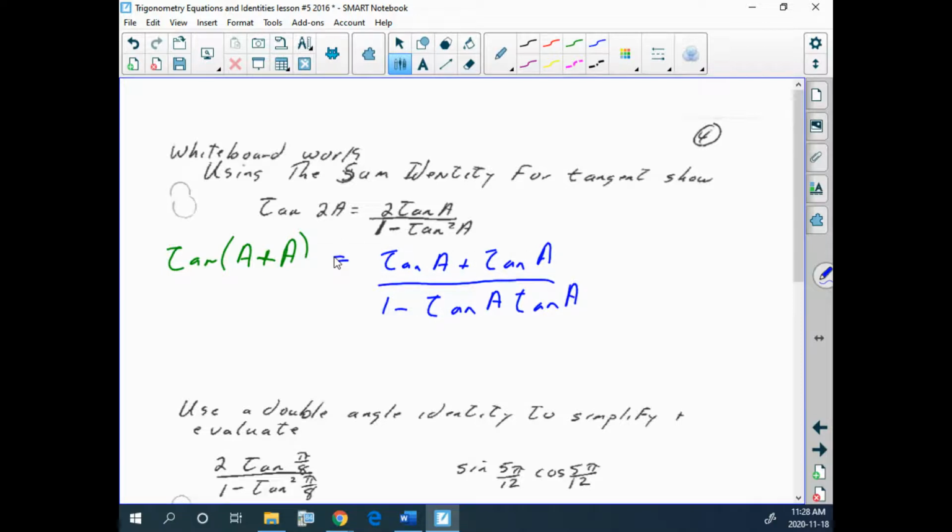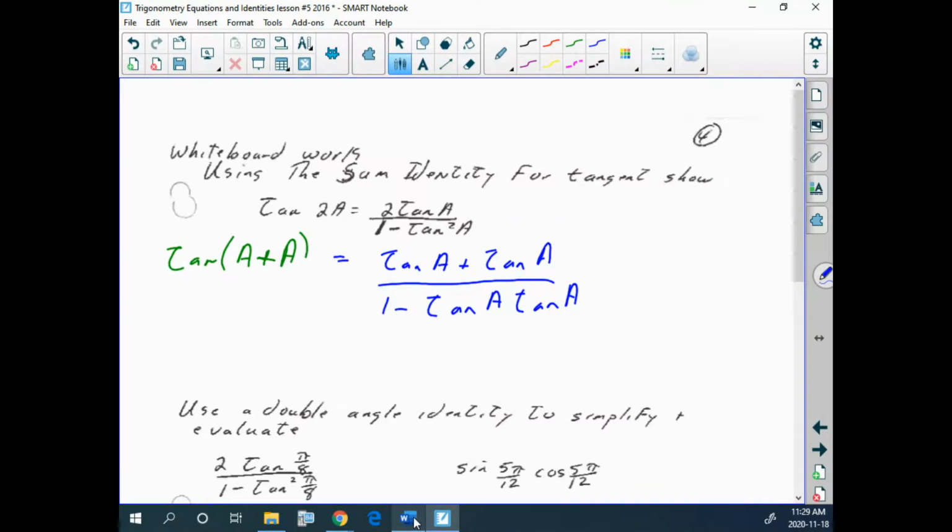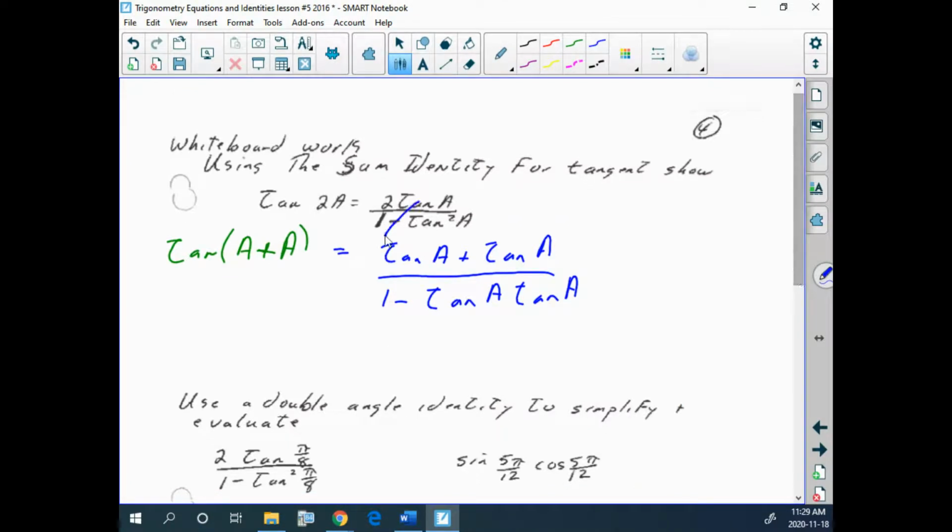So, essentially what I'm doing, here's our sum identity for tangent, and instead of a plus b, I'm writing it as tangent a plus a. Every place I see a b in my statement, I'm going to replace it with an a. So I'm not working with this right now, I'm working with that identity I just had on the other page.